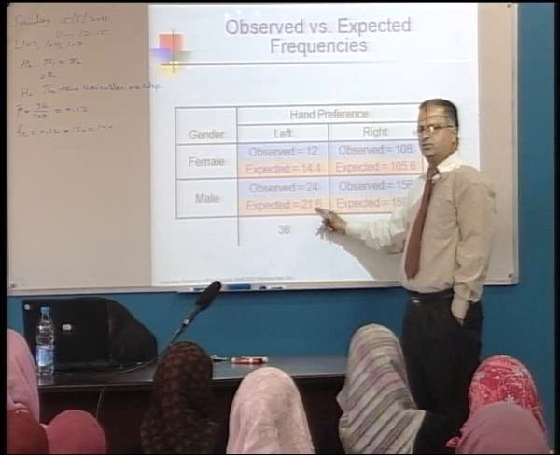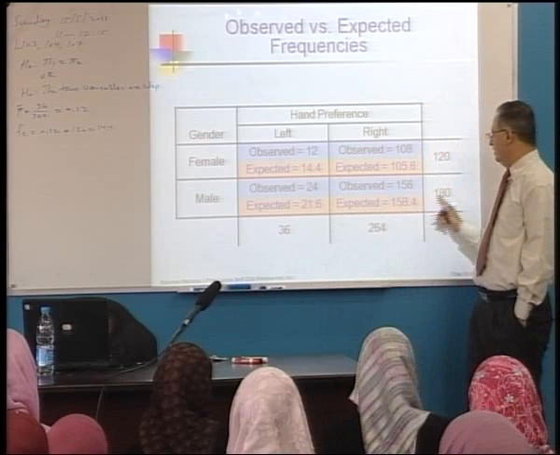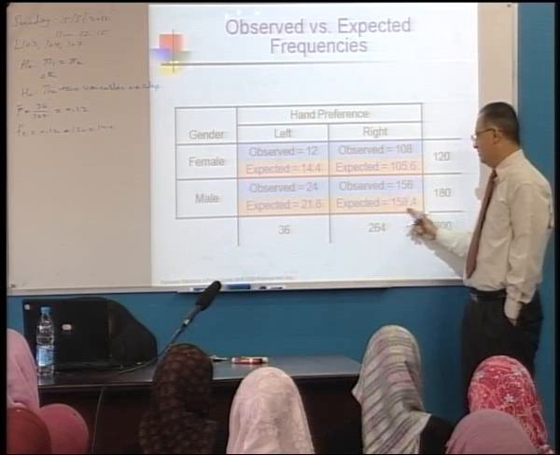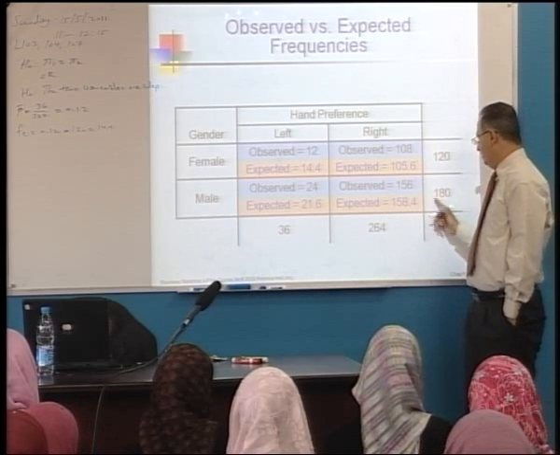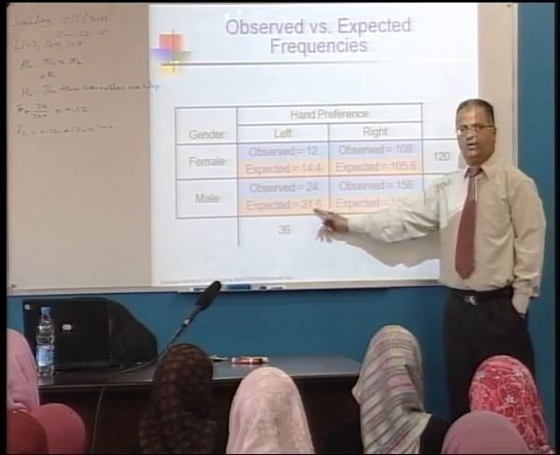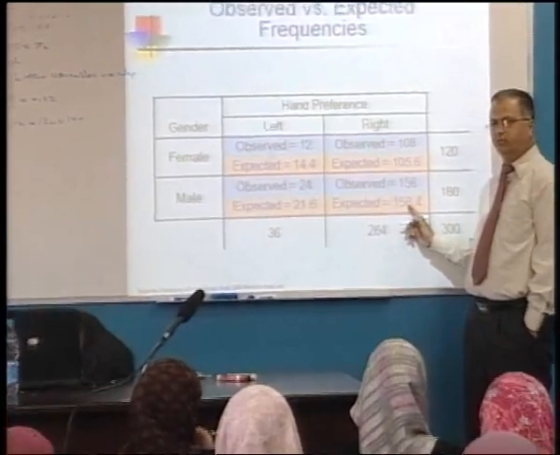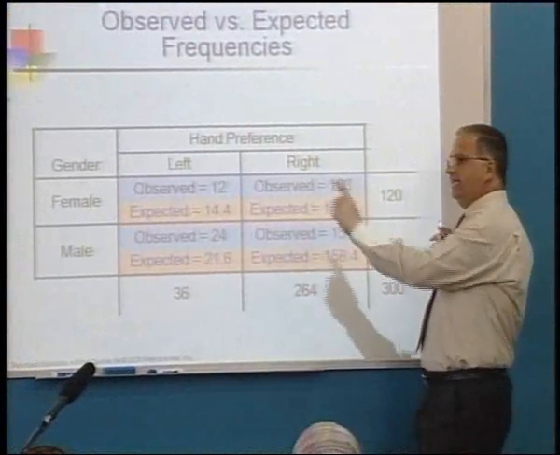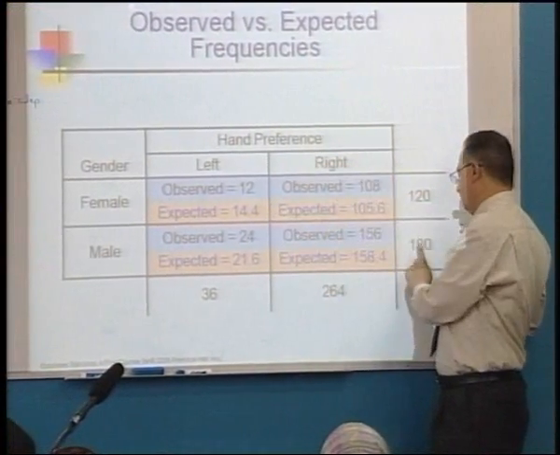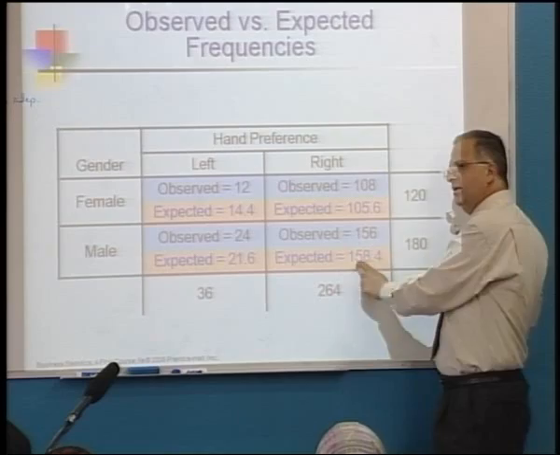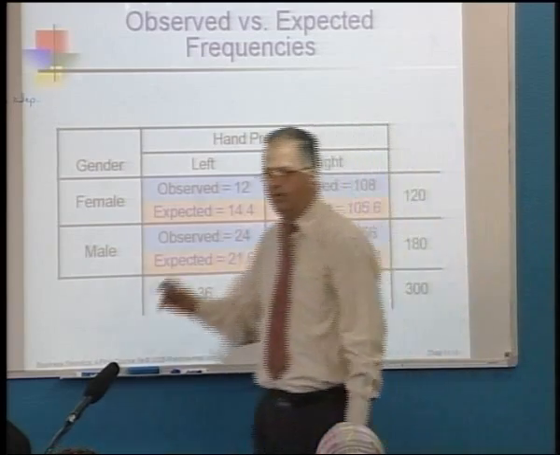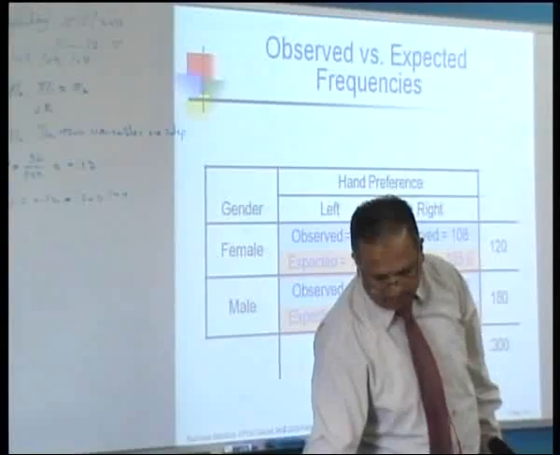Here, the expected is 21.6, so the other one is just the complement, which is 180 minus 21.6, will give 158.4. Or 0.88, the complement of that one, multiplied by 180 will give the same value. So that's the one we had discussed before.